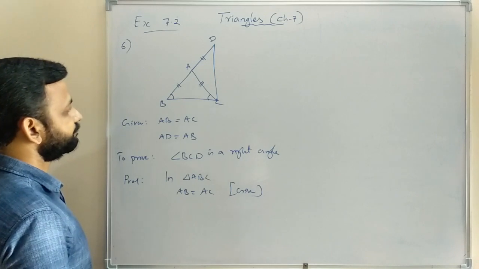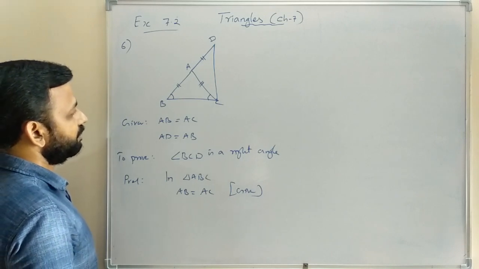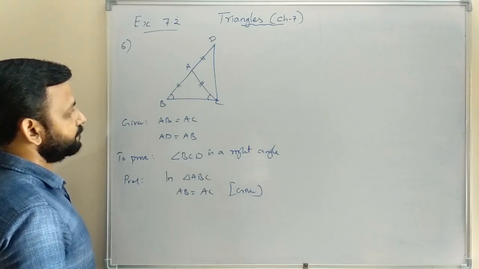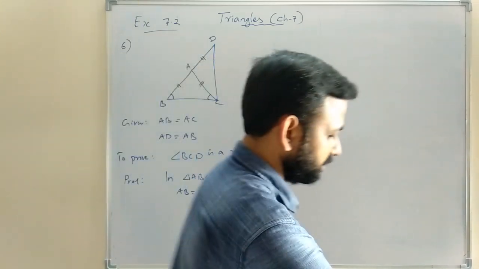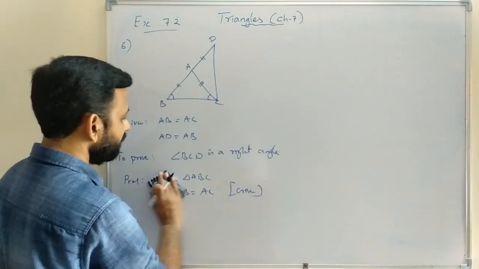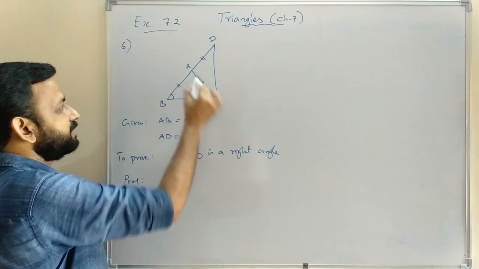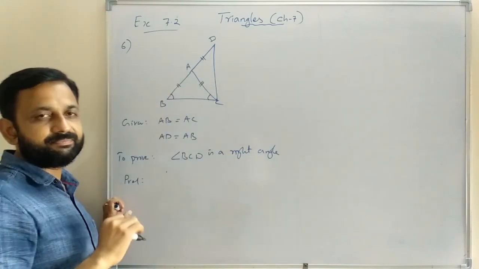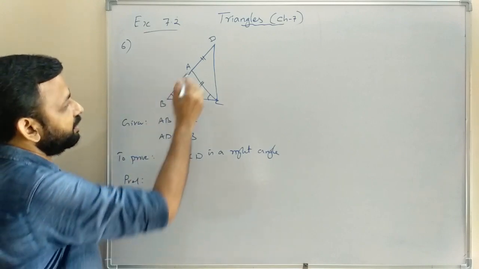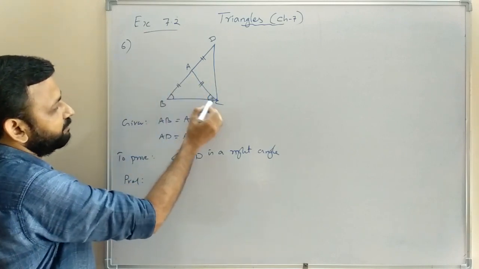Here in triangle ABC, AB and AC are equal. If AB and AC are equal, then angles opposite to them are equal.